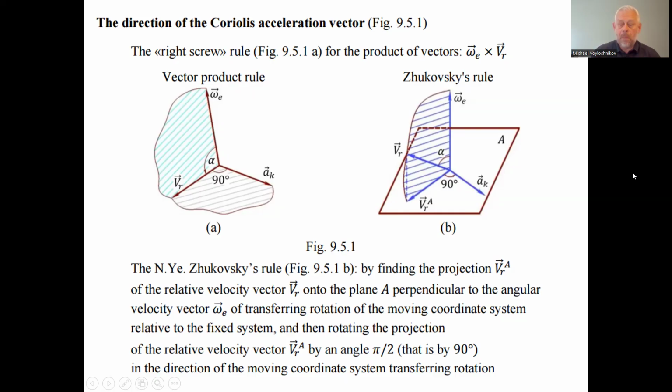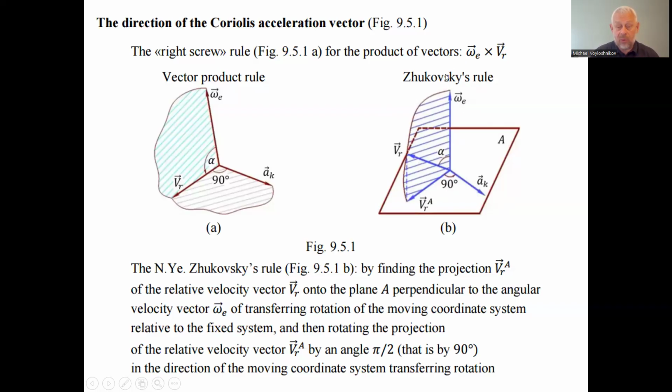To do that, first we have to find the projection of the vector of the relative translational velocity onto the plane perpendicular to the vector of the transfer angular velocity of the rotation of the moving coordinate system within the fixed absolute coordinate system.